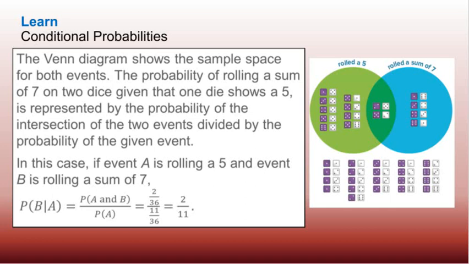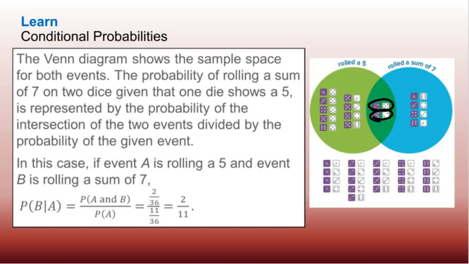In this case, if event A is rolling a 5 and event B is rolling a sum of 7, you would have the probability of A and B being 2 out of 36. So there were two possibilities of rolling a 7 right here, so 2 out of the 36.